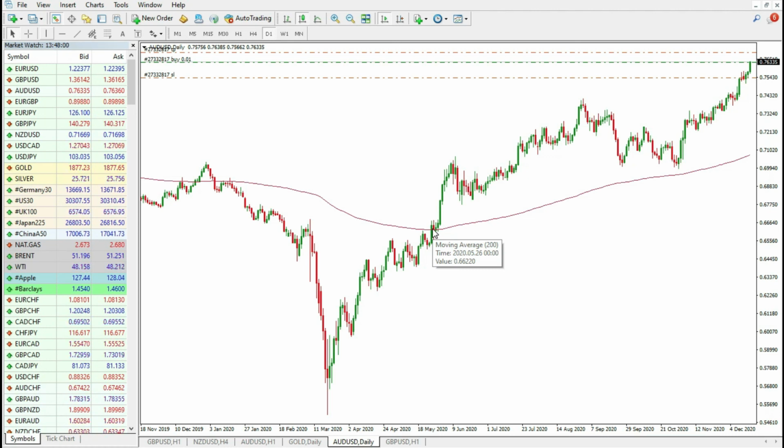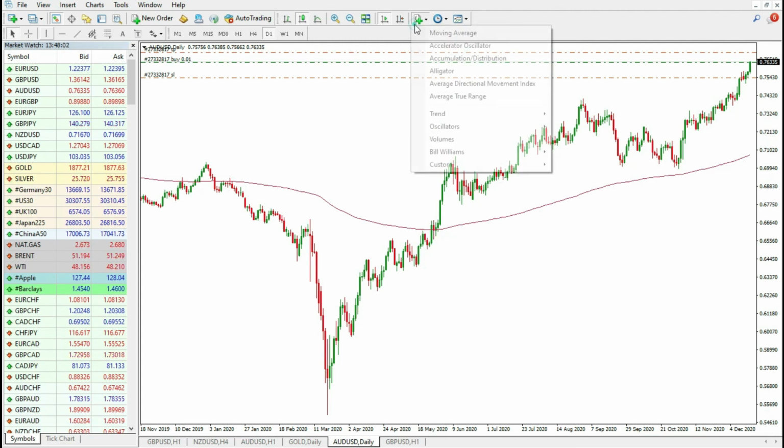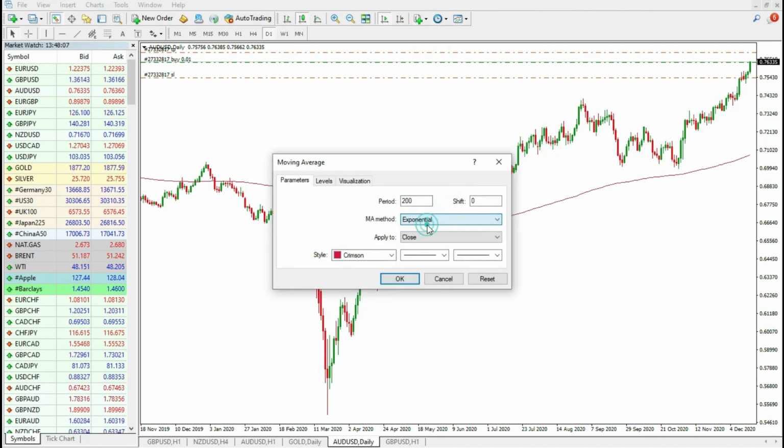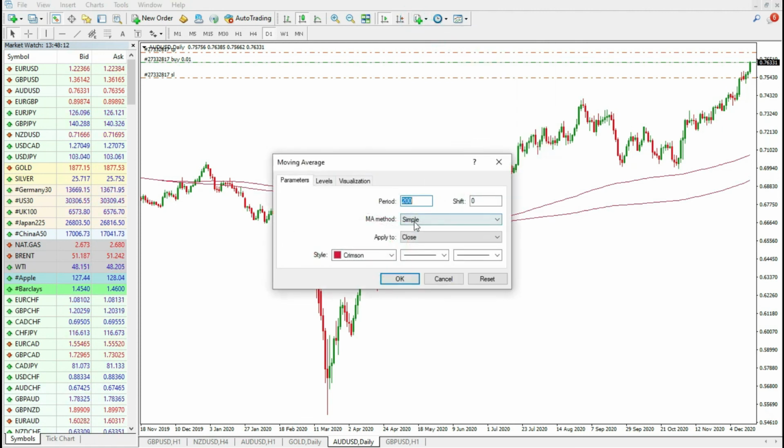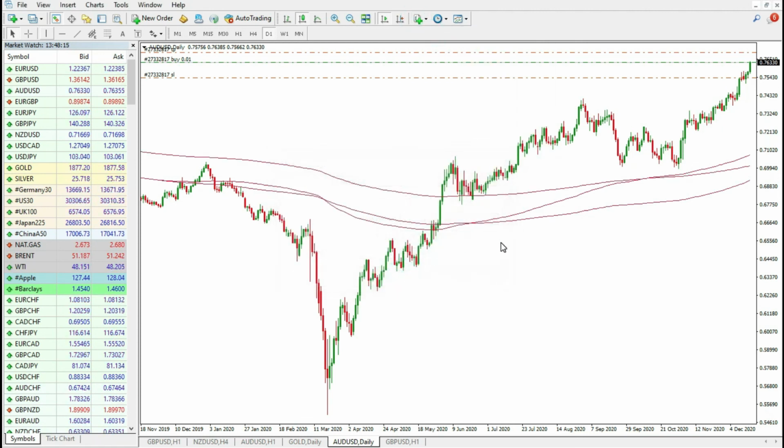So the important fact we can use, for example, right now, is to put a simple moving average 200. We can put a smoothed average 200. We have 3 different lines, but all 3 are strong support for the Aussie dollar on the daily chart. And usually you cannot miss, because the 200 simple moving average, 200 exponential moving average, and 200 smoothed moving average are always very close.